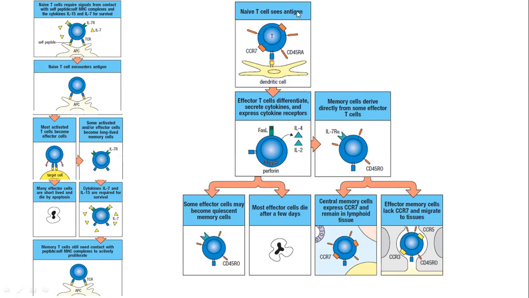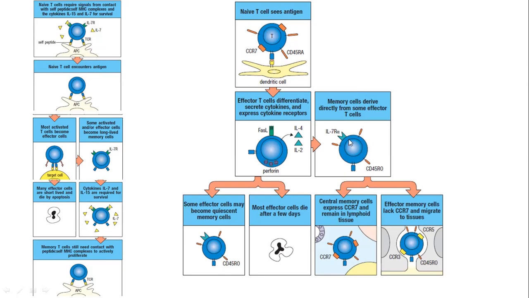On my right there, we describe the differentiation of the memory cells: the naive cell binding to a dendritic cell, and then dividing into an effector T cell, which then differentiates to a memory T cell, expressing the classical interleukin-7 receptor alpha and the CD45 RO receptor on the surface.